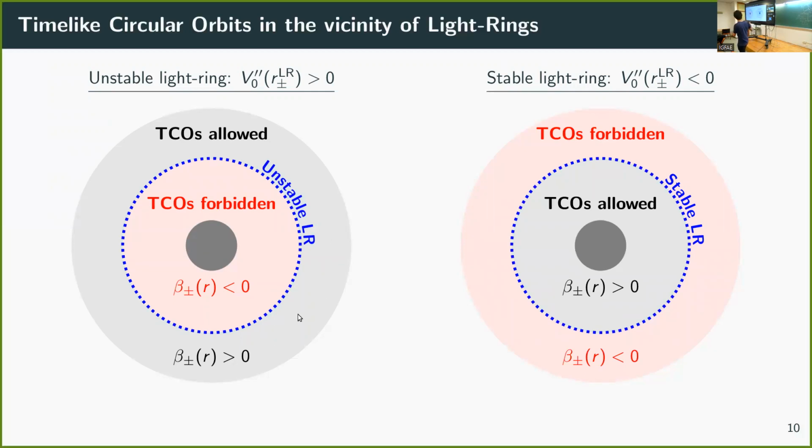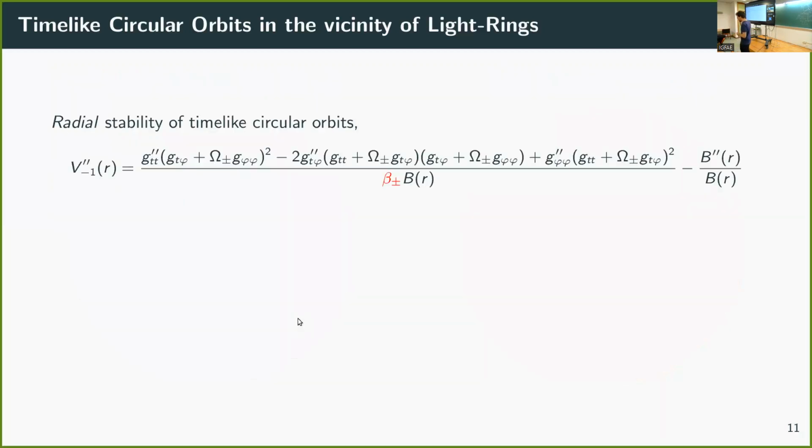These two results are quite interesting, at least for me. But you can go a bit further. You can try to see what type of stabilities you find in this allowed region. For that, you write the radial stability of time-like cyclic orbits. This is the same expression as before, but now I specified the expressions for the energy and the angular momentum.